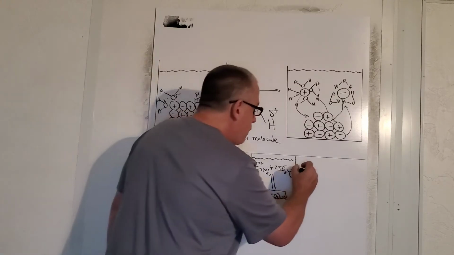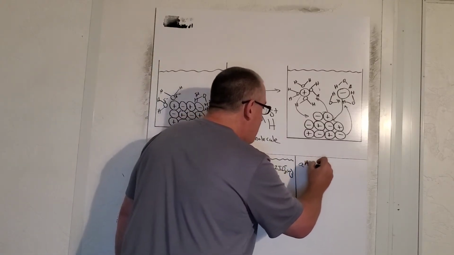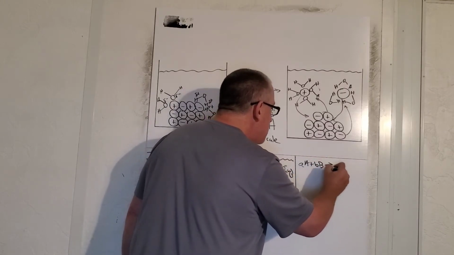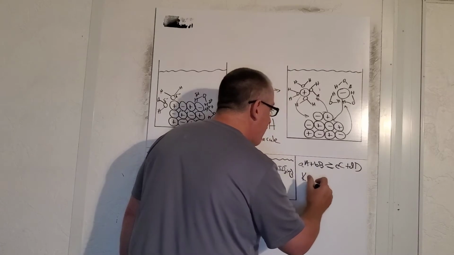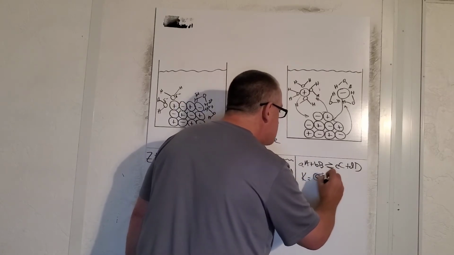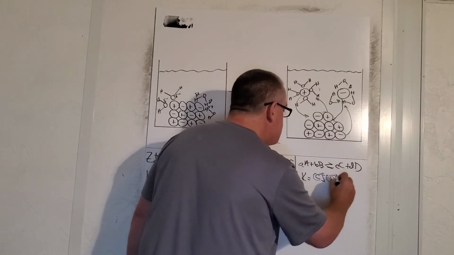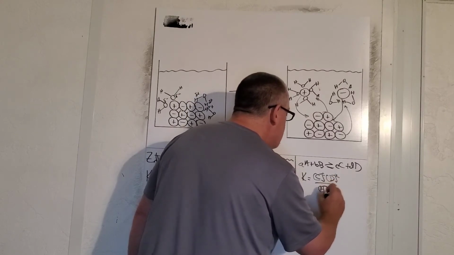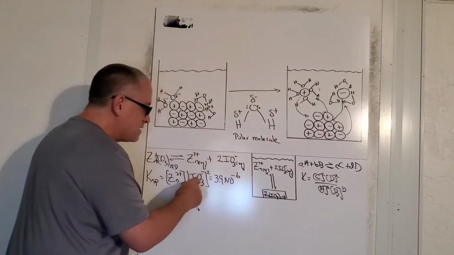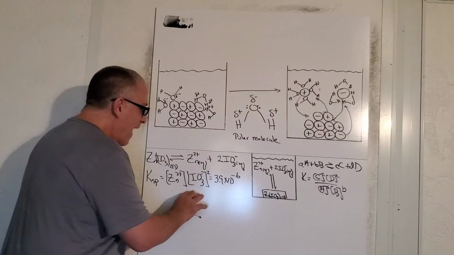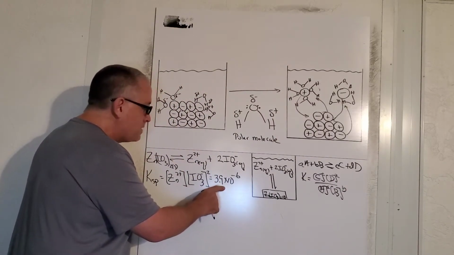Because remember, we have aA plus bB in equilibrium with cC plus dD. And K for that would be [C] to the c, [D] to the d, over [A] to the a, [B] to the b. Well, it's the same thing that's going on here. And the value for this is in your book. It's in the appendix in your book.